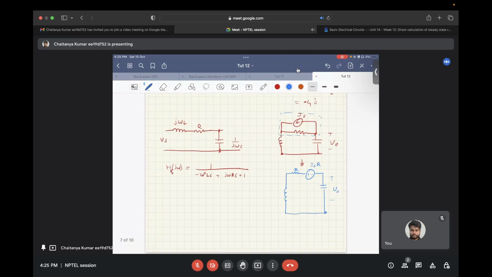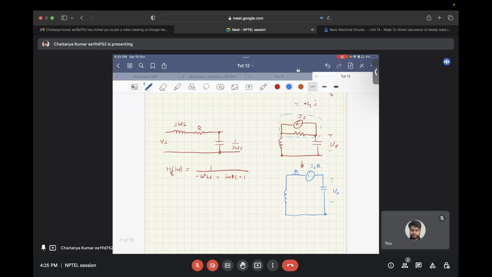Again, if we consider this source transformation, for Is times R, the value of output V out at the capacitance will be R times Is times R. Again, this is a second order low pass filter, so the expression will be the same as that we got for a simple voltage source. So this will be R times Is.